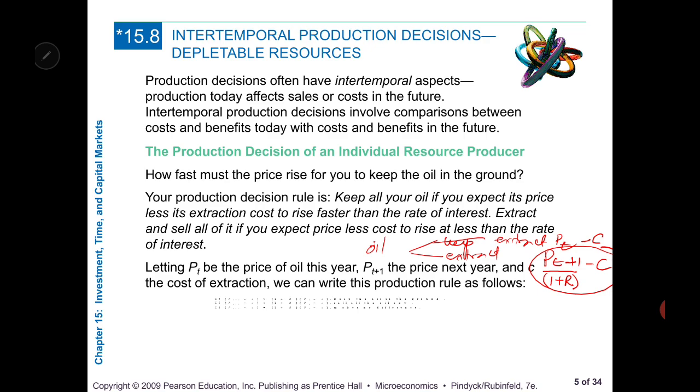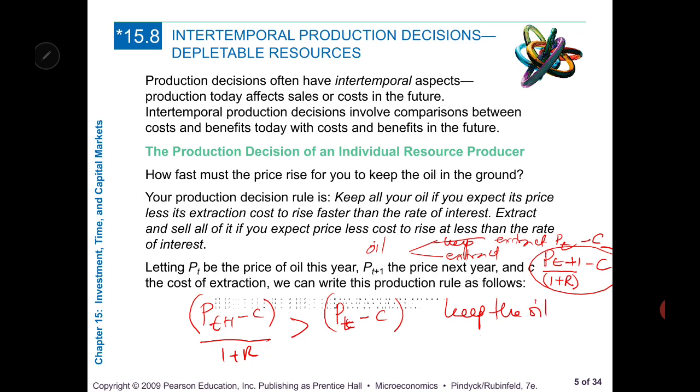If PT plus 1 minus C, that means what you get if you extract next year, divided by 1 plus R, is greater than if you were to extract this year, PT minus C, then the decision would be to keep the oil for next year.